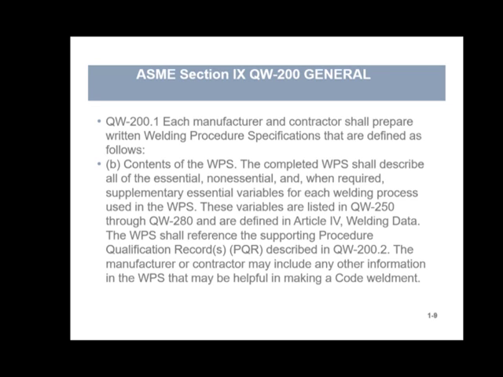So that's a very important concept to grasp in regards to writing WPSs and PQRs, the difference between NA and none. So I'm going to be beating on that dead horse for quite a while through the course of this talk on NA versus none and why we are so, I guess, zealous about how we write WPSs and PQRs.